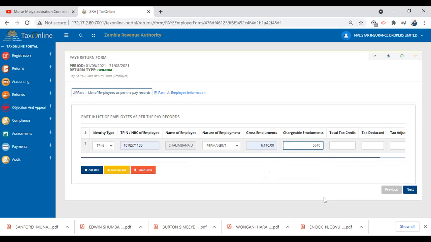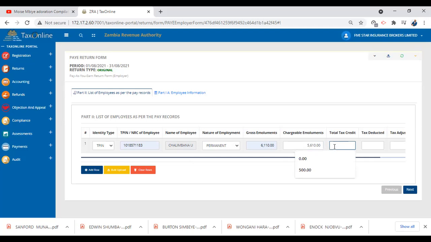So let's take it that this individual has got that facility. Then you go to total tax credit. In Zambia, we don't have these tax credits. A tax credit, if anything, is the same as what we have talked about.